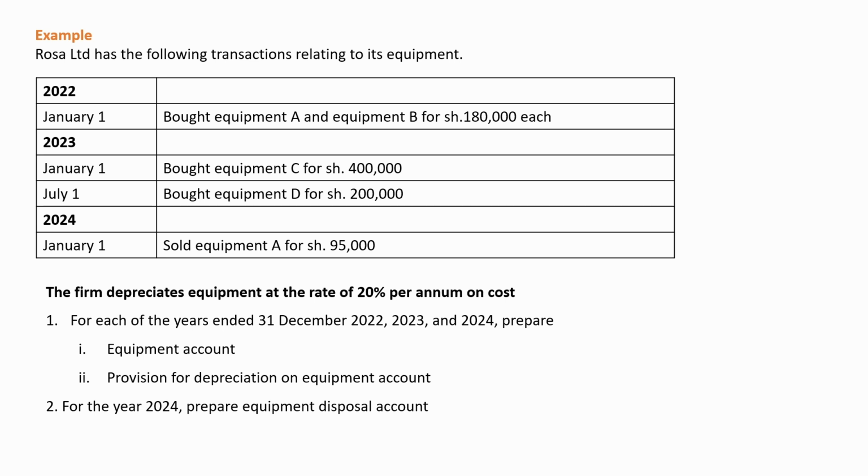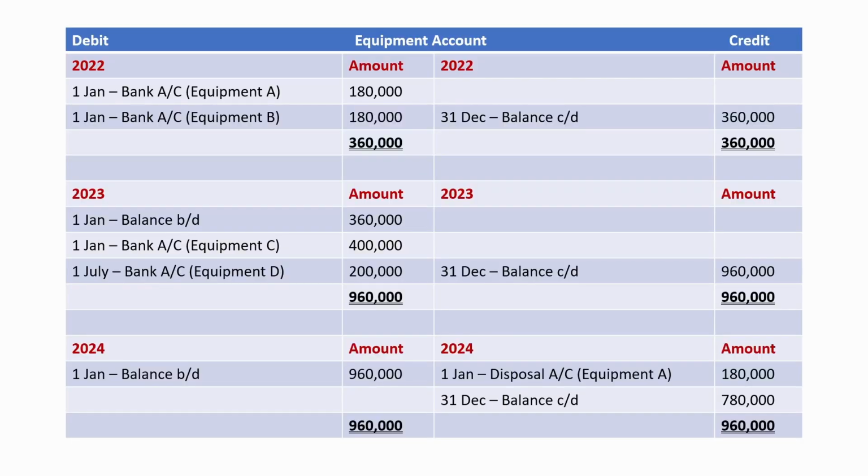In the equipment account, you are going to notice that in the first year, we will have equipment A and B as being purchased. In the next year, we will have equipment C and D that were purchased. So here we have the equipment account.